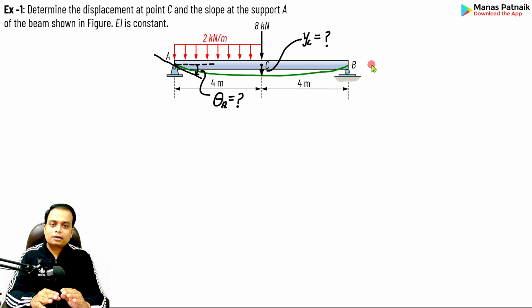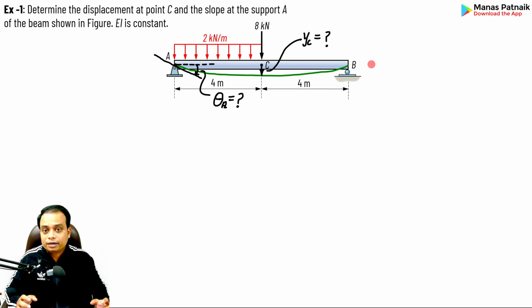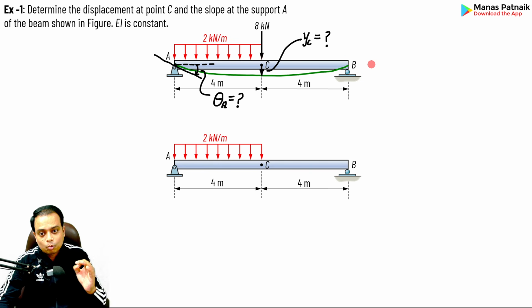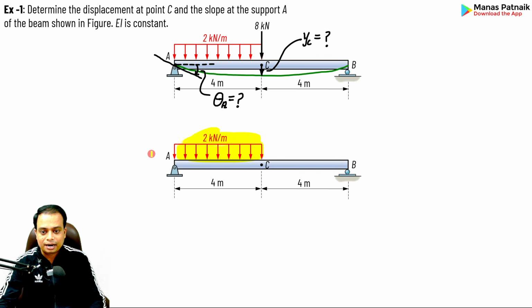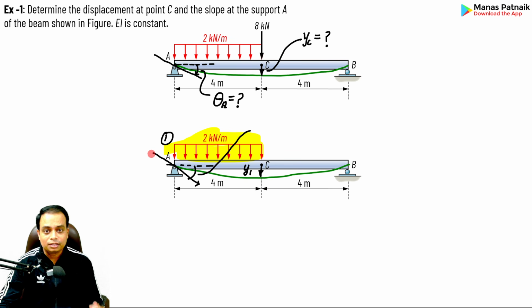So these are the two quantities that we need to work out. How do we begin? We split up the beam into two parts or two different loading conditions. In loading condition number 1, you can see we just have this UDL and nothing else. Okay, and in loading number 2, you'll see that we just have the point load.